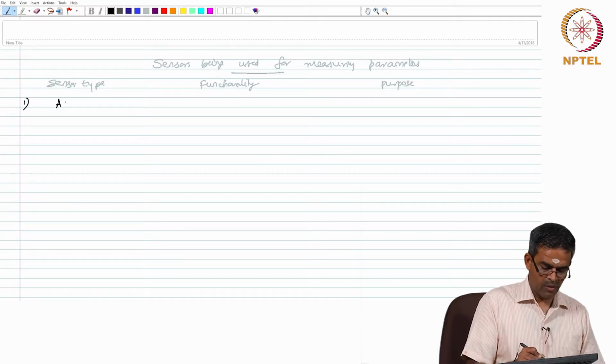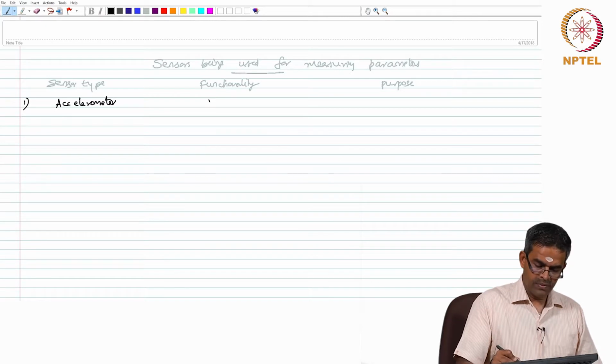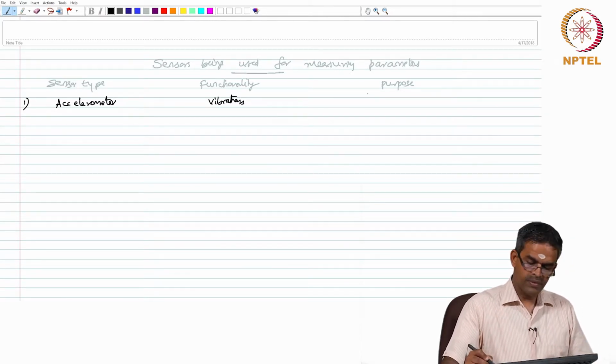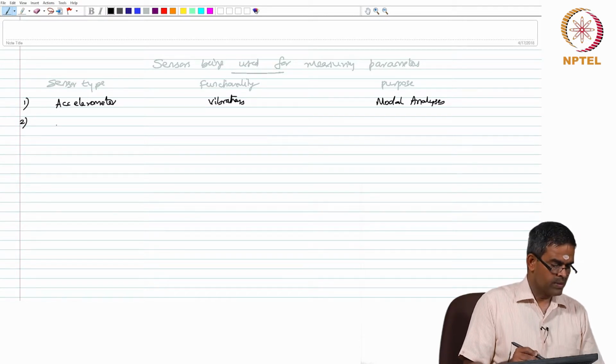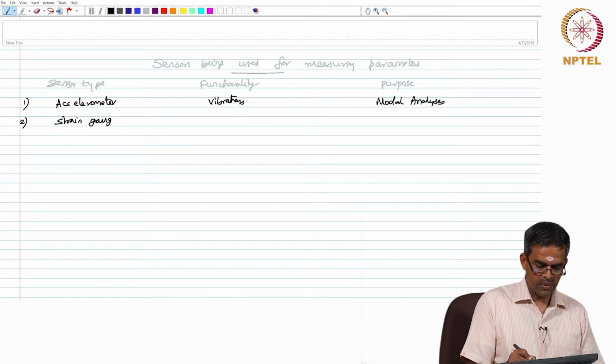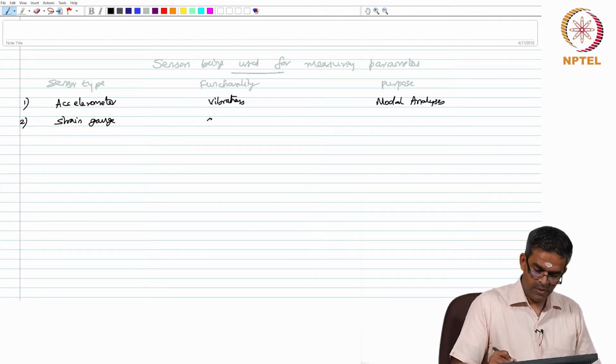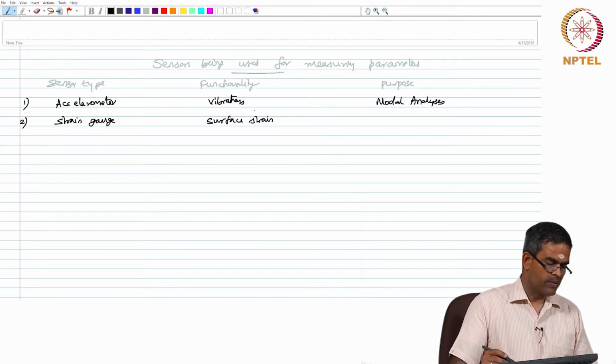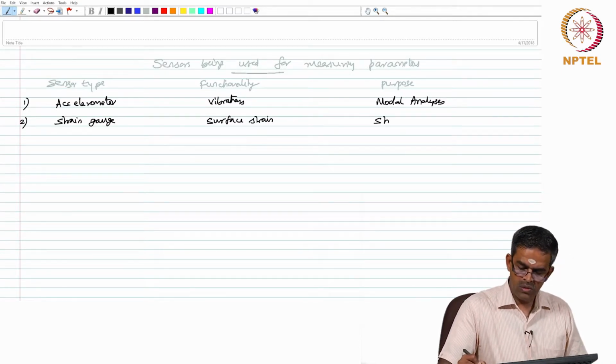Let us say accelerometer. The purpose is to measure vibrations. It can be useful in modal analysis. Second could be a strain gauge. The functionality is to measure surface strain. It can be used to analyze stress strain responses.